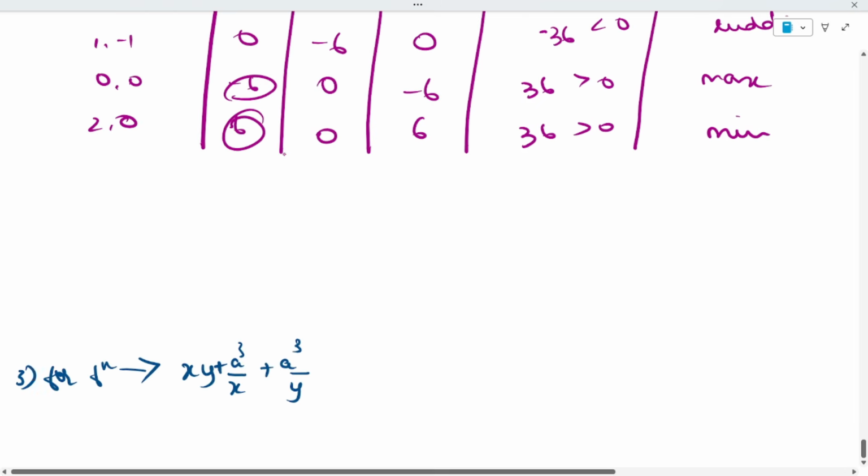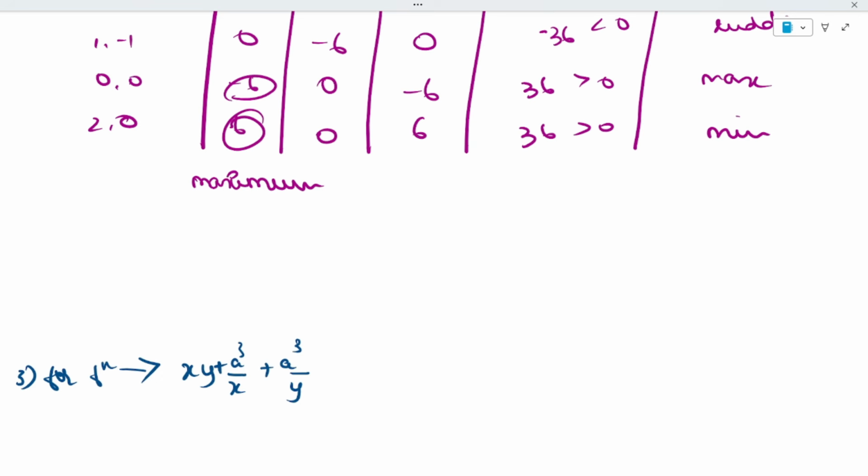Maximum value of f of x comma y will be equal to 8 plus, substitute the value, plus 0 minus 0 minus 12 plus 4. That means 8 minus 12 plus 4.